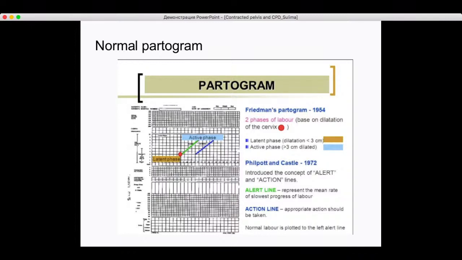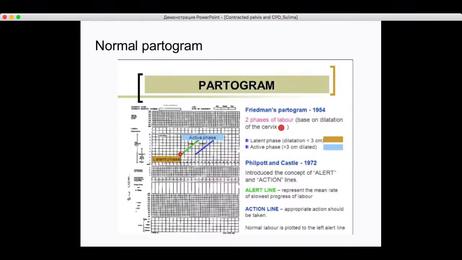And you have two lines, an alert line and an action line. What does it mean? The alert line represents the mean rate of slowed progress of labor. It means the doctors should do something for more progressive labor. And if you reach the action line, you should do maybe some obstetrical surgeries for ending of the labor.